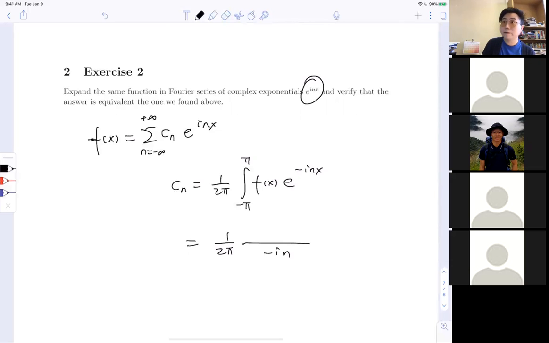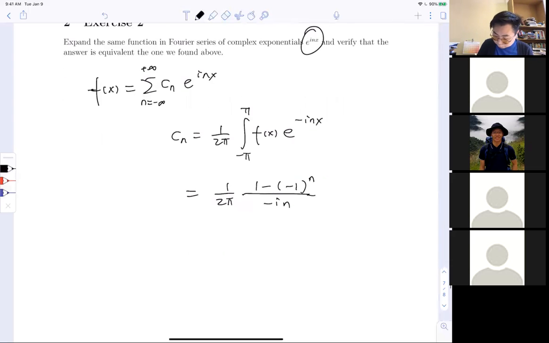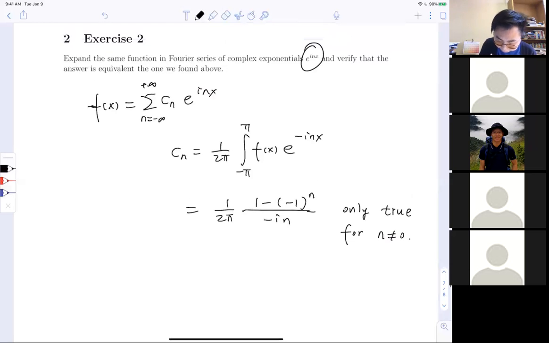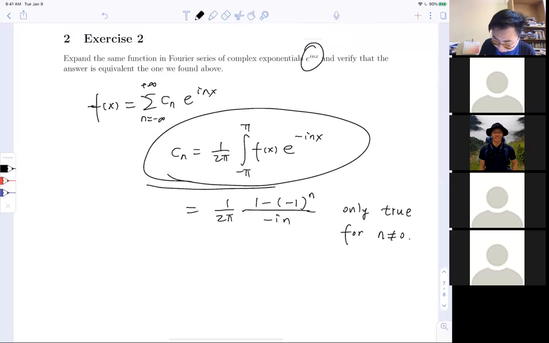minus i, 1 minus (minus 1)^n over n. So this is only true for non-zero n. It seems this formula is quite general, right? This formula is general, but when you do the calculation, for example, if your f is a constant, then it becomes like this.